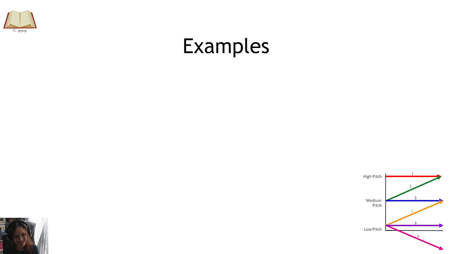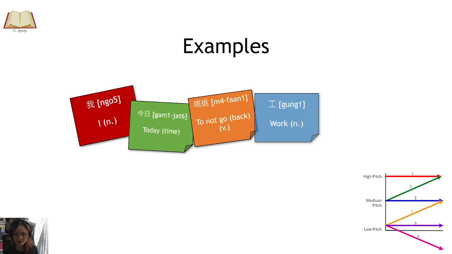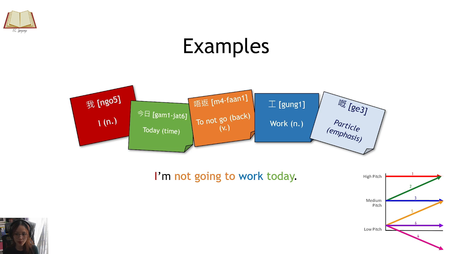Here is an example of a sentence that uses ge to add emphasis. 我今日唔返工嘅. I'm not going to work today. This emphasizes the fact that this person does not work today.